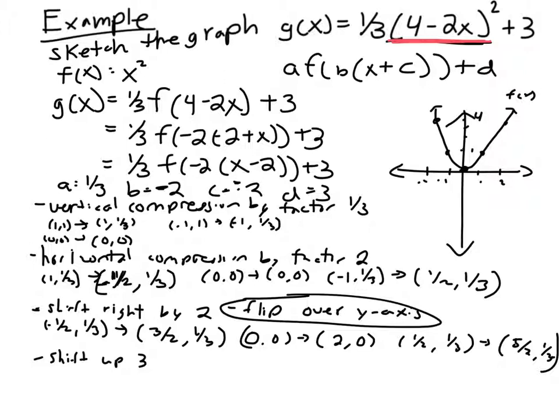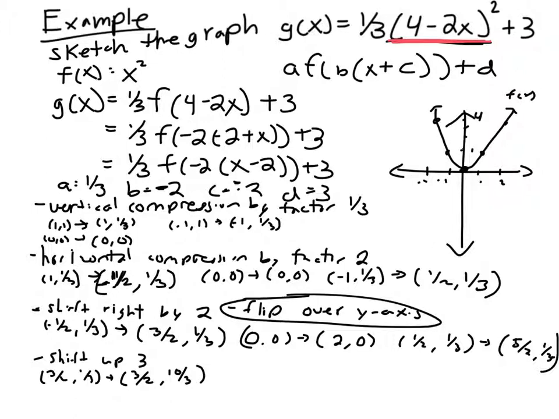Okay, last thing, shift up by 3, so that's going to be plus 3 to the y term. And so starting with 3/2, 1/3, if I add 3 to that, that's going to be 3/2, 10/3.